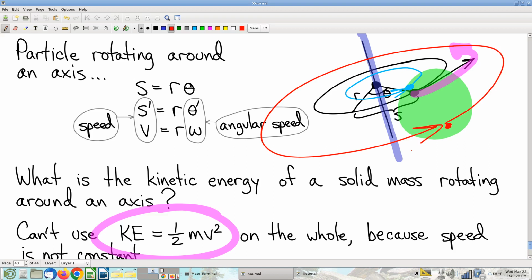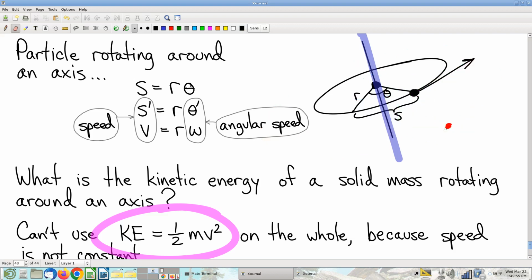That is, this red piece of mass is moving faster. So, do I use the blue speed or do I use the red speed? If I'm going to use this formula that makes reference to speed, which speed? Well, that's a rhetorical question. I can't just pick one, right? The whole point is they are moving with different speeds. I cannot use this formula. It doesn't work.